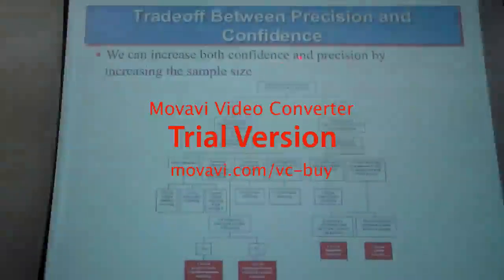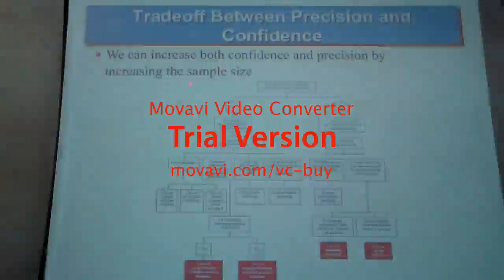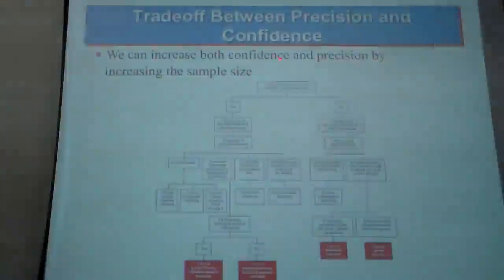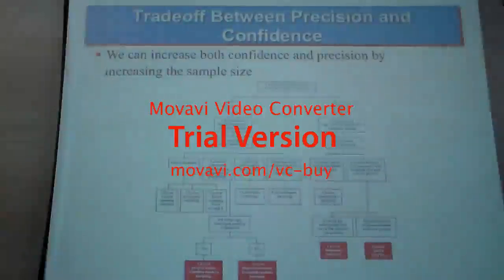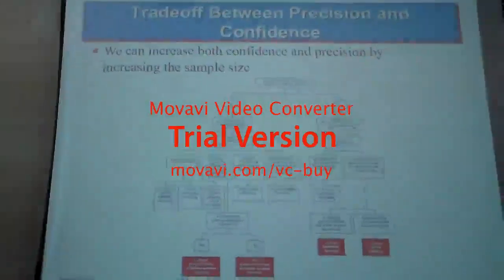We can increase both confidence and precision by increasing the sample size. This is quite important. By increasing the sample size, you increase the confidence, meaning the sample will be more representative of reality. It is logical: as you increase the sample, you represent the population more.